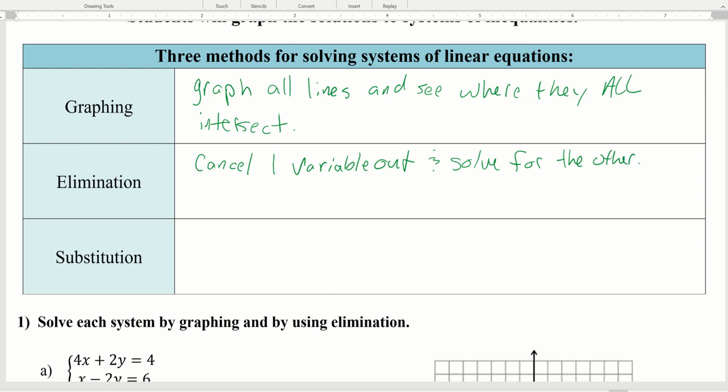Once we've found the other variable, we go back and plug in, substitute in, to find the first variable.